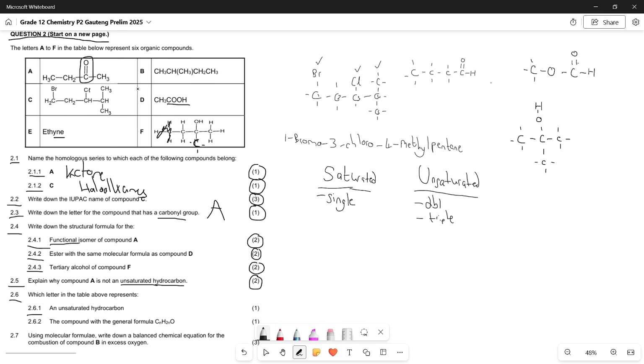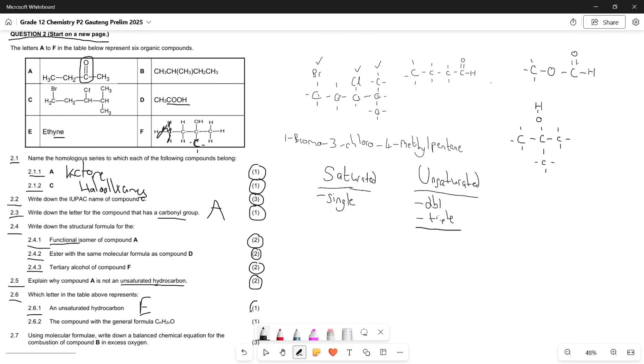It isn't a carboxylic acid, nor is it an ester over here, which means it could be between B or E. And if we're going to look at E off the bat, ethine is meth, eth, so we've got 2 C's here. There are only H's, there's no attachment groups, and then there is a triple bond. And unsaturated hydrocarbons have double or triple bonds, so therefore E is our answer here for 2.6.1.